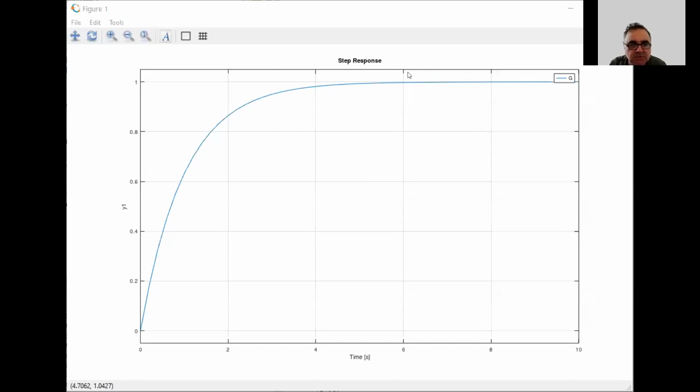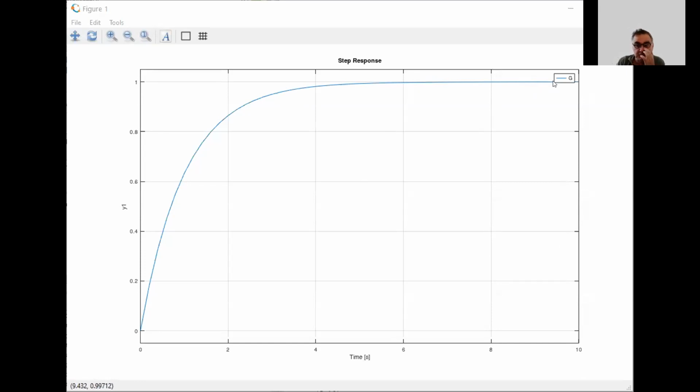But I have to share it with you each time. So the step response, as you see, is up to time 10 here. And another thing you can notice is approximately, in 4 or 5 time constants, the response gets to the steady state value.